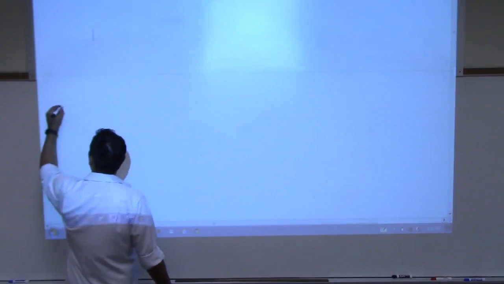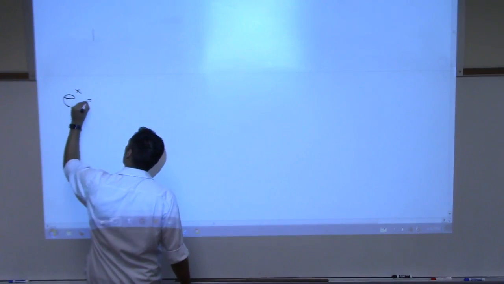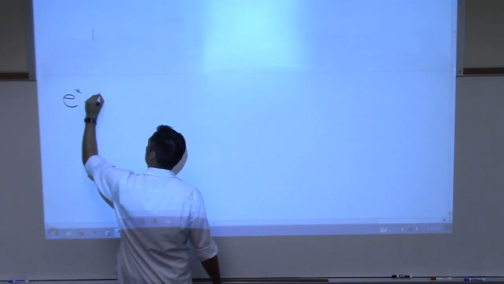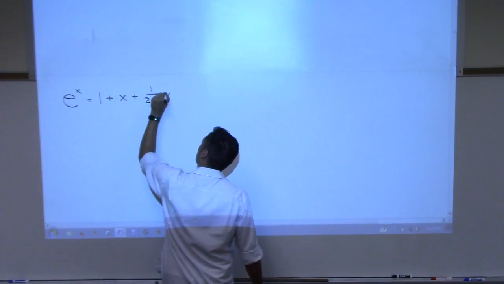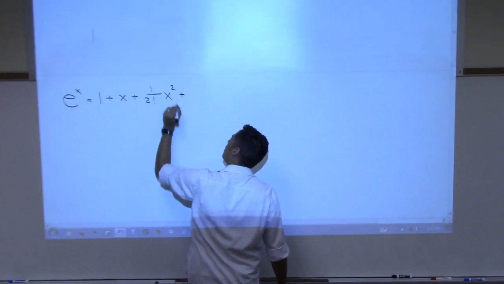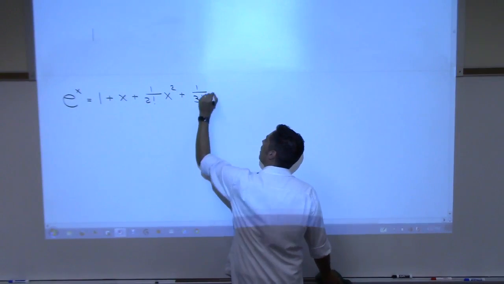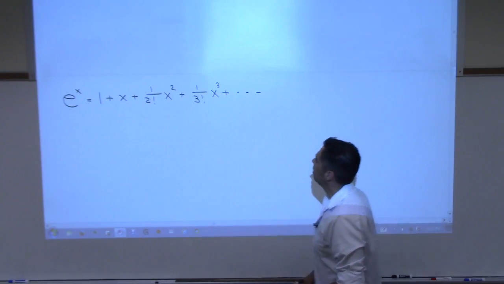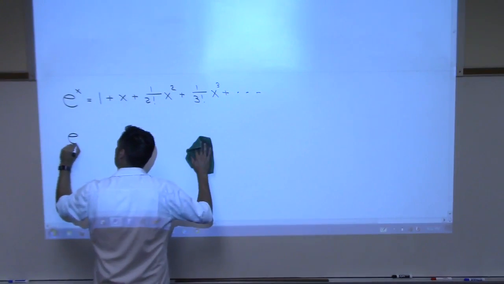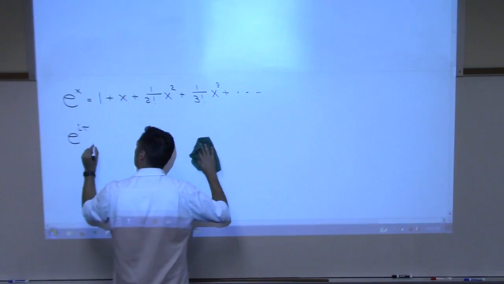All right, what is e to the x written in its power series? 1 plus x plus 1 over 2 factorial x squared plus 1 over 3 factorial x cubed plus ..., right? We just did that. Okay. Then what is e to the i pi?